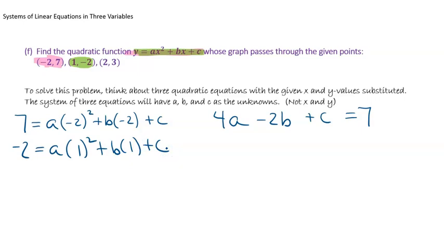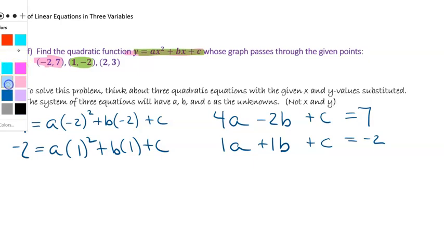Okay, now I'm going to flip it around on you. So 1 squared is 1, that's 1a, or just a if you like. That's 1b, or just b, plus c, which really is 1c, equals negative 2. That's my second equation. Third equation, you know the drill. Could just fast forward and do that.